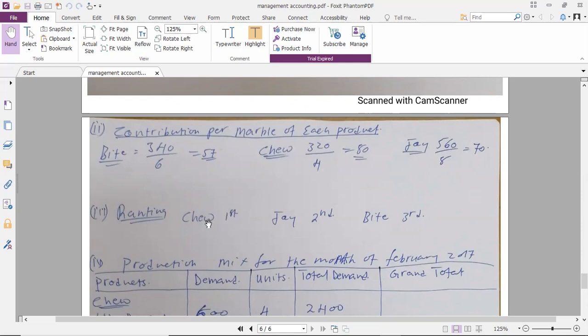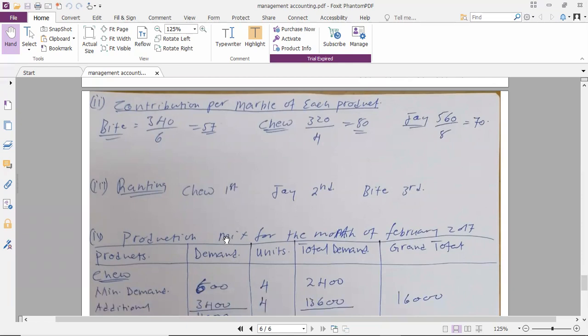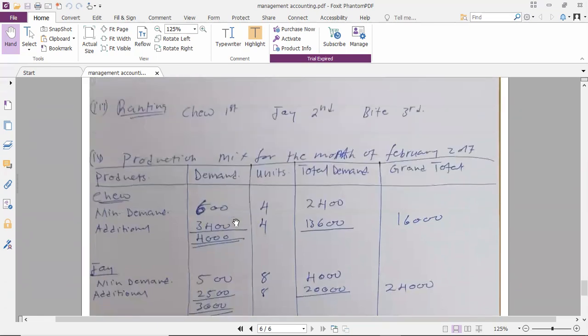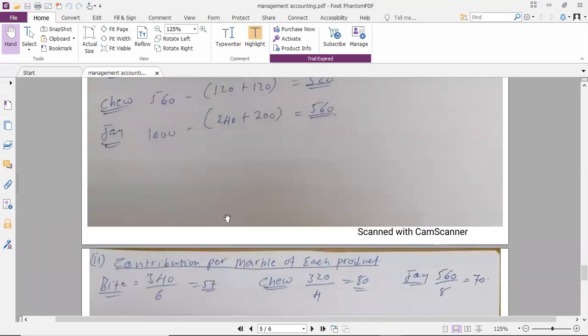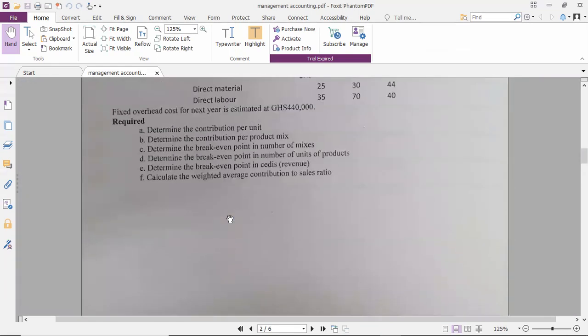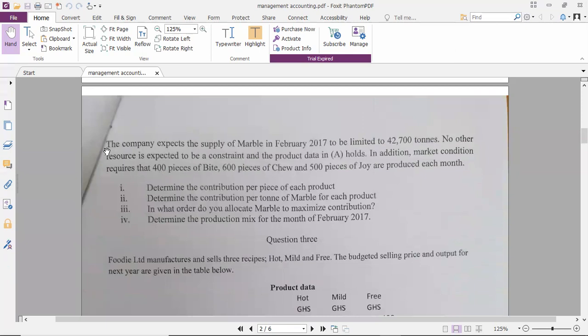Now, the question in part B was telling you that the available quantity of marble for the month is 42,700. So it is telling you straight away in B that if wood is not a constraint, then marble is a constraint.